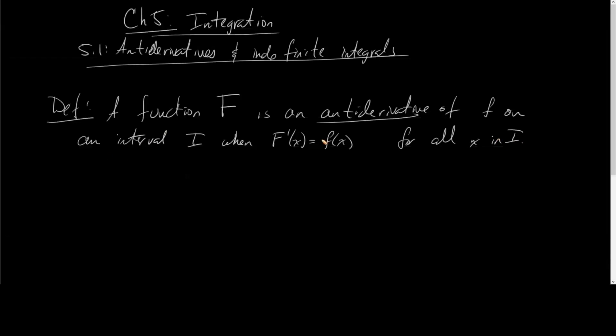So this function capital F is an antiderivative of this lowercase function f if the derivative of this big one is the same as just this one, as it is.